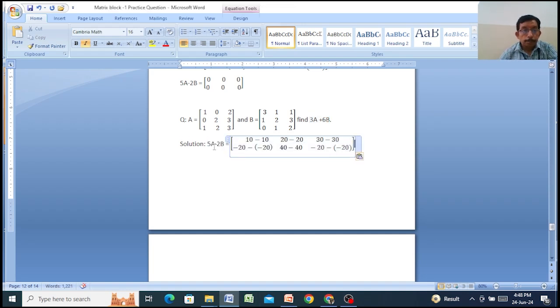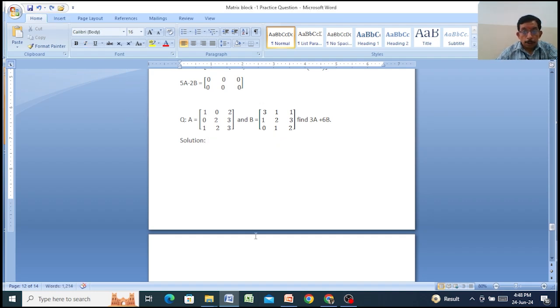3A plus 6B equal to 3A. Now put the value of A as the matrix.